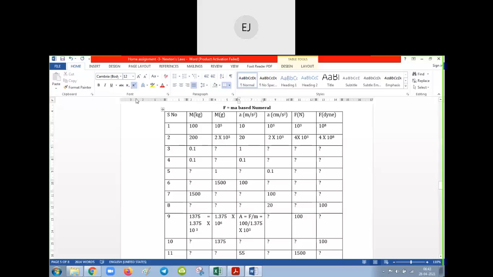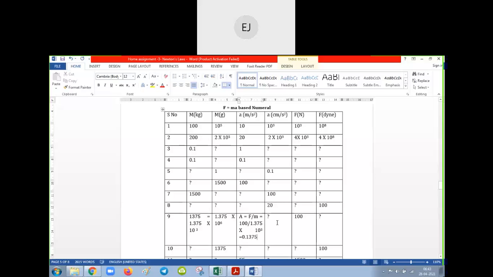You have to simplify this. The numerator is 100 and the denominator has 10 power 3, so if you cancel, one more 10 will remain in the denominator: 1.375 by 10, which is nothing but 0.1375. You will get acceleration as 0.1375.